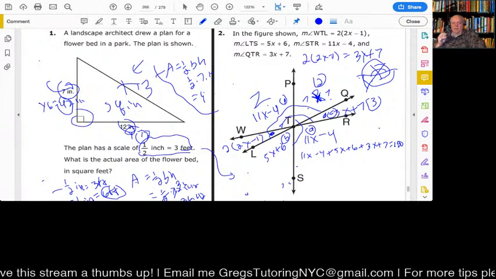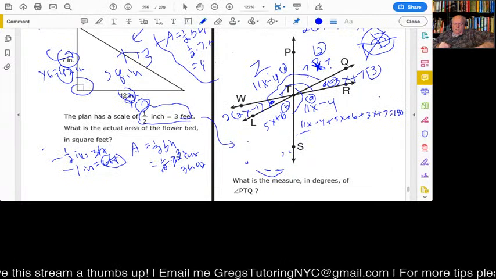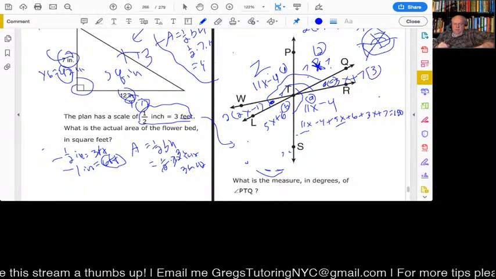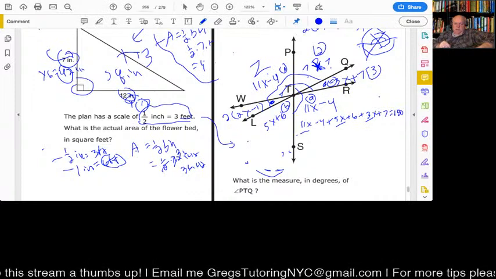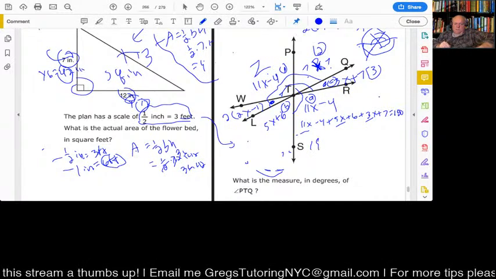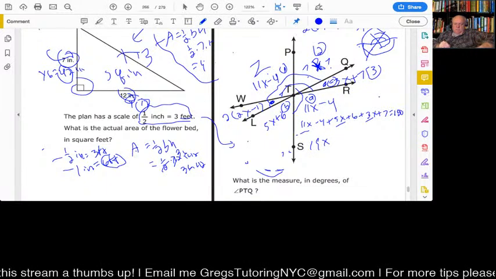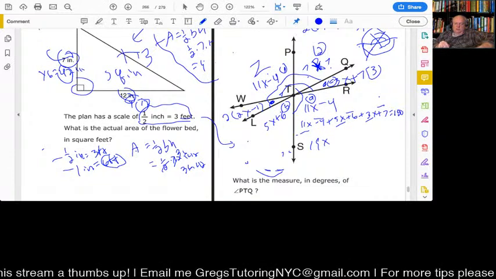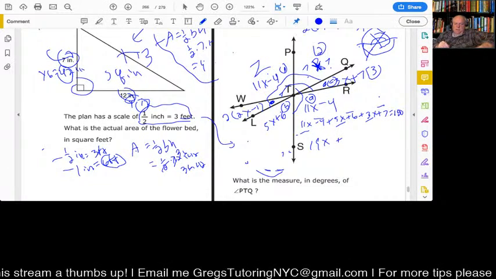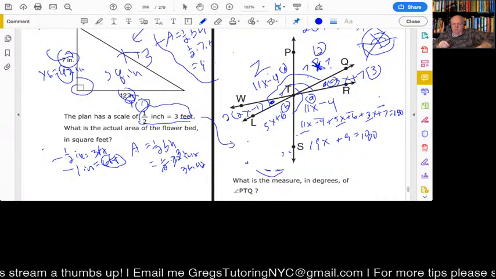Okay, if we combine like terms, we have 11x, 5x, and 3x. So what does that give us? That gives us 19x. And then we have minus 4 plus 6 plus 7. So what is that? Plus 9 equals 180. Everybody spotting me here?